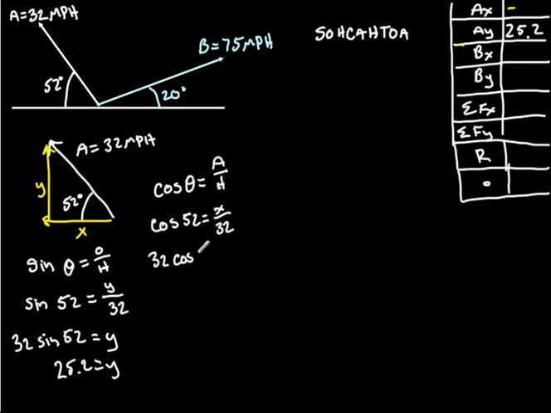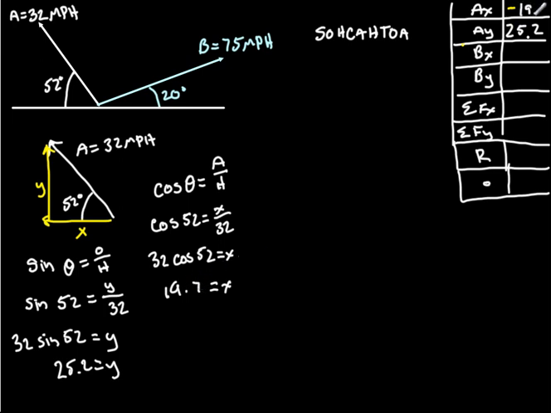We do 32 cosine 52 equals X. And again, if it seems like I'm going a little faster, you might want to go back to the force vector video that I went through earlier, just to make sure you get that one. You can go back and forth and check it out. So we get an X of 19.7.